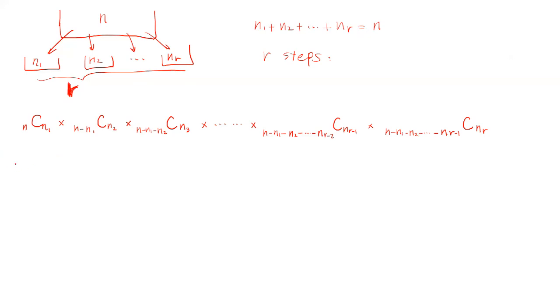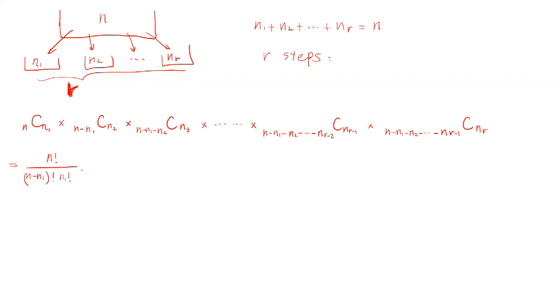Now let's expand each term to see if we can cancel any terms. According to the combinations formula, the first one, C(n, n1), is n factorial over n minus n1 factorial and n1 factorial.